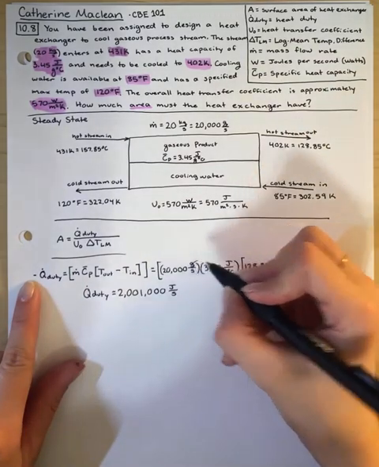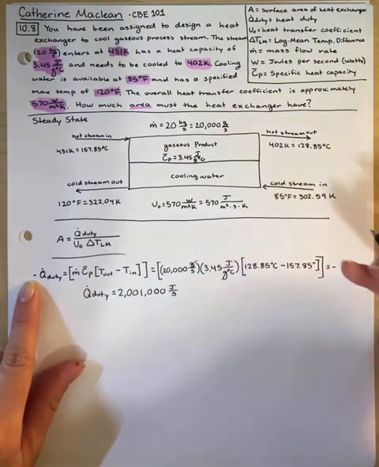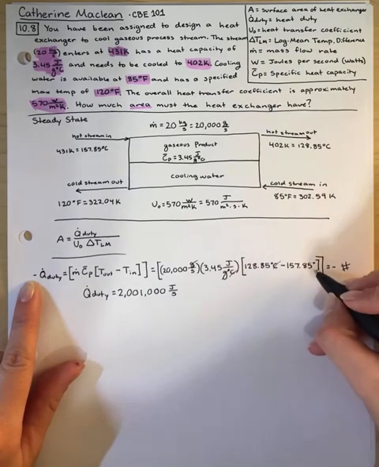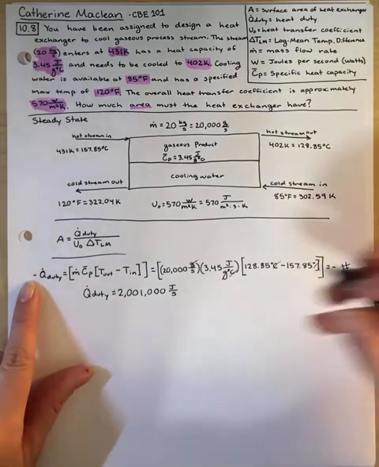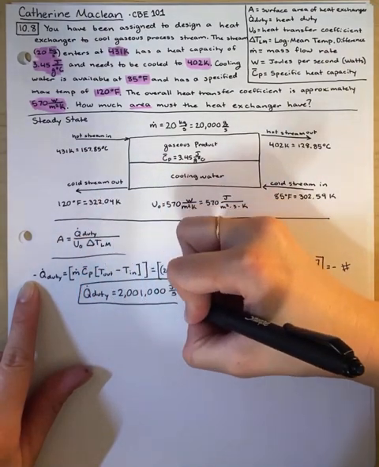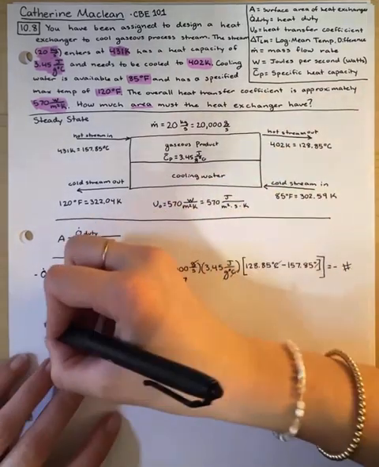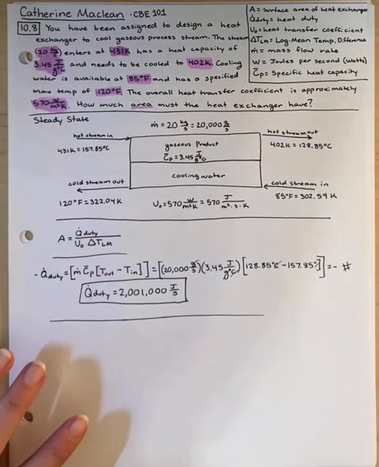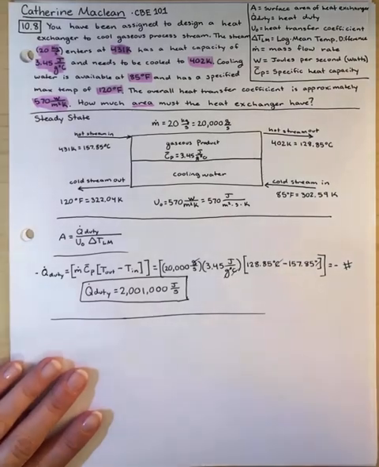You see our grams cancel, and then our degrees Celsius cancel here, which is quite nice. Okay, so we have our Q duty. Good.